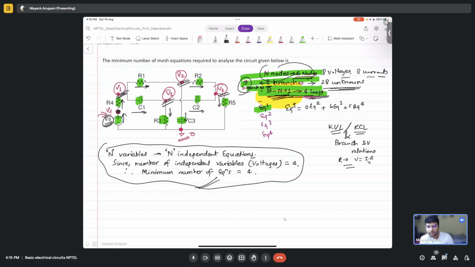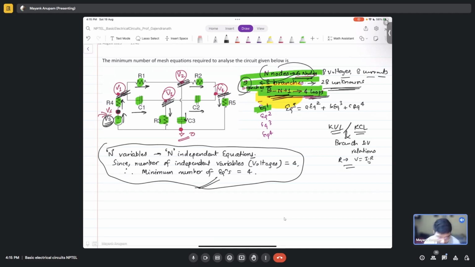The question asked how many mesh equations you need, but I took another approach. I asked how many independent variables I need to solve for, and that number would give me the minimum number of equations. Since 4 variables are there, I needed 4 equations. That was my reasoning, but that is incorrect.